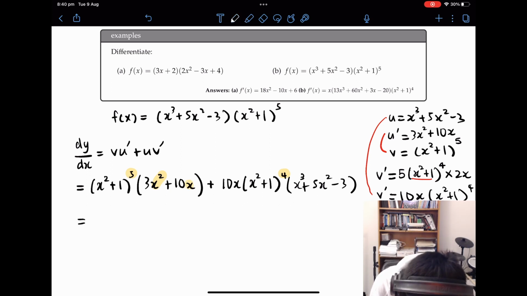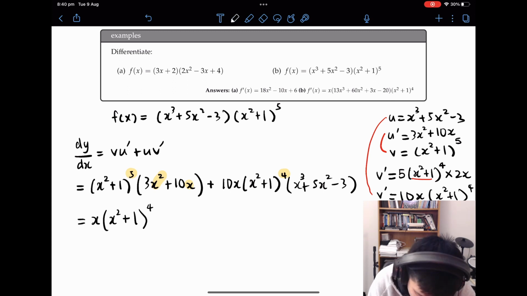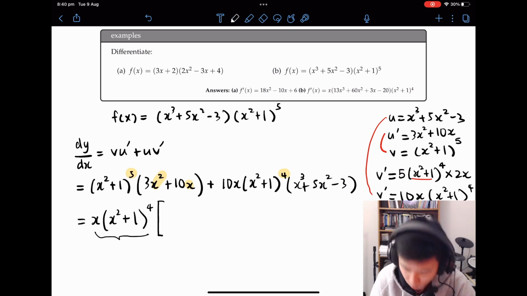So we can probably take an x out as well as an (x squared plus 1) to the power of 4. And so let's think about, if we take this out of both terms, what will we get? So since it was an (x squared plus 1) to the power of 5, there should be an x squared plus 1 left.